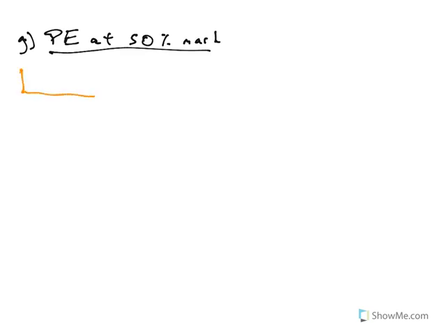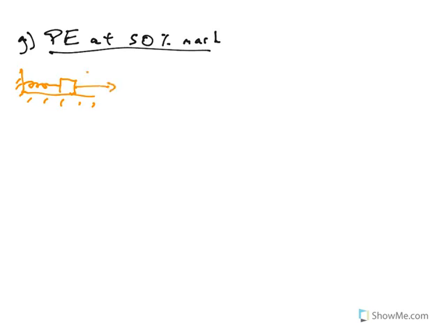All right, part G, we want the potential energy at the halfway point, the 50% mark. Basically, if we have our spring and our mass, we stretch it.